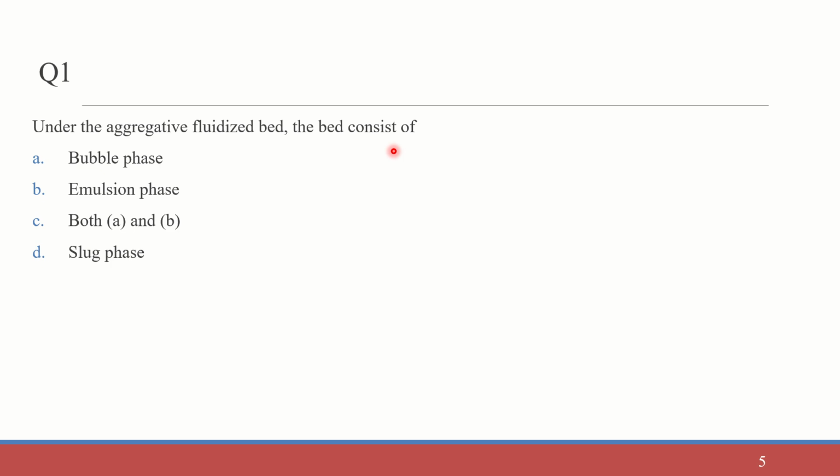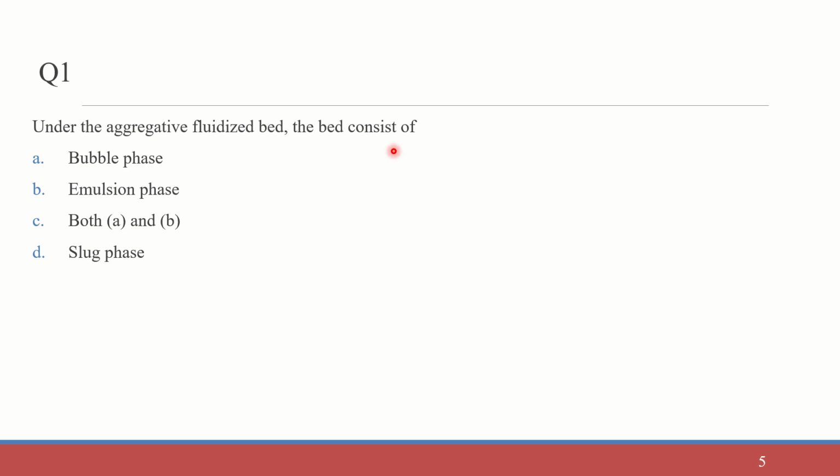The numerical problems are fewer, but mostly conceptual problems are discussed in this week's assignment. So let us see that.